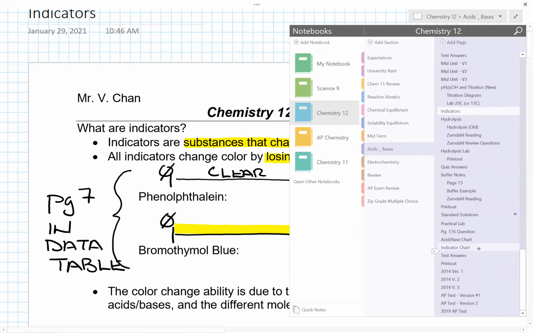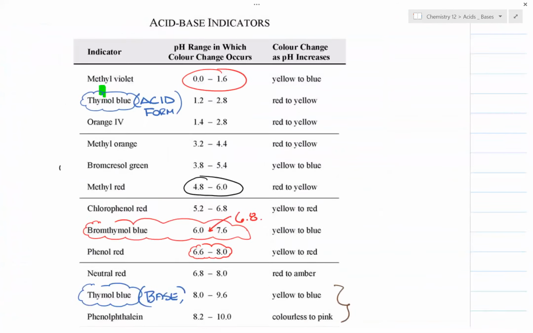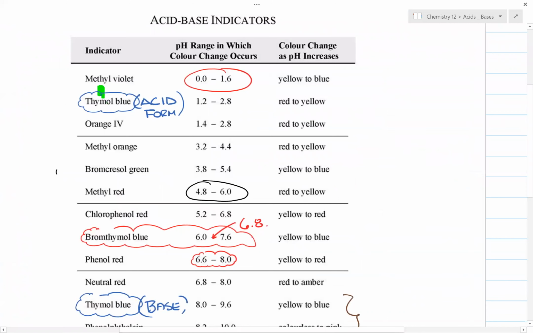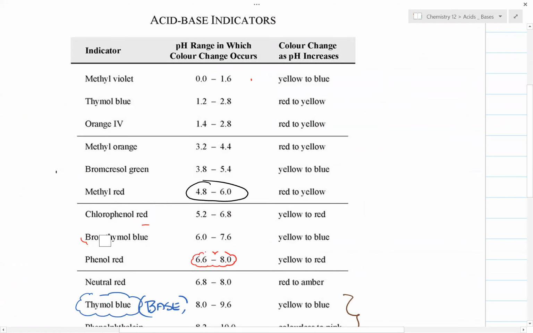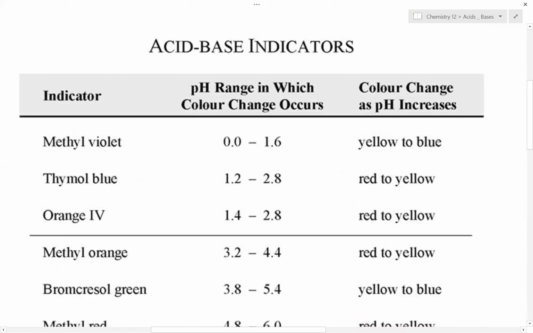Okay, so if we look at our indicator chart, you have the different indicators down the left-hand side. Let me just clean this up a little bit. And so you have the indicator on the left-hand side, the pH range down the middle, and the color change down the right-hand side.